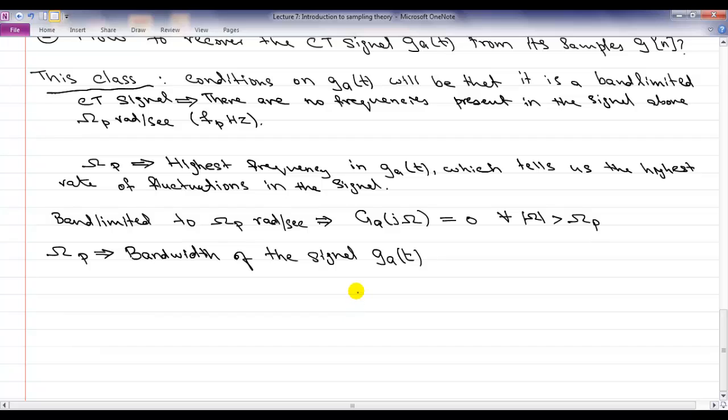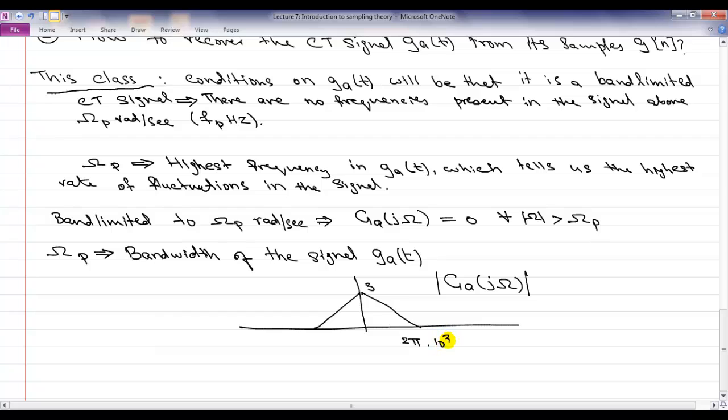So an example will be, now remember we are talking about continuous signals, which means continuous Fourier transforms. So let's say I had a signal whose Fourier transform magnitude was, let's call it, 3 for omega between minus 2 pi 10 to the 3 and 2 pi 10 to the 3.